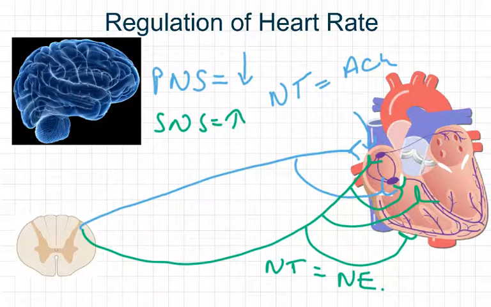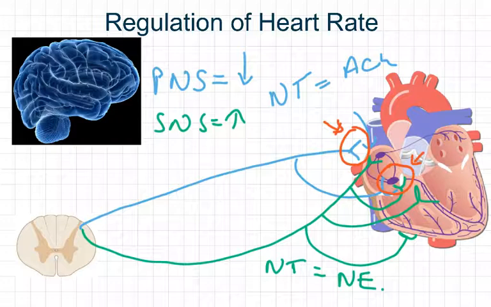The other aspect with this too is look how the PNS and the SNS nerves innervate the heart. The PNS only innervates the heart and really regulates it at the site of the AV node and the SA node, right?